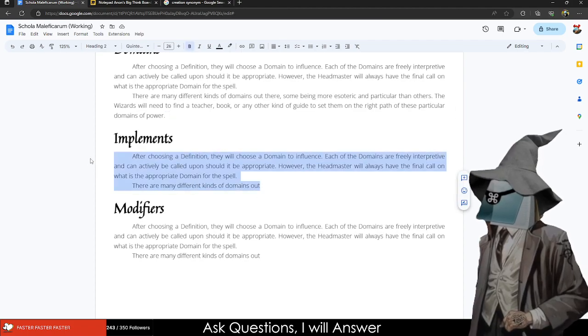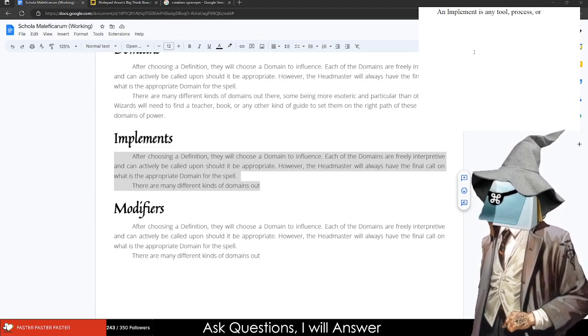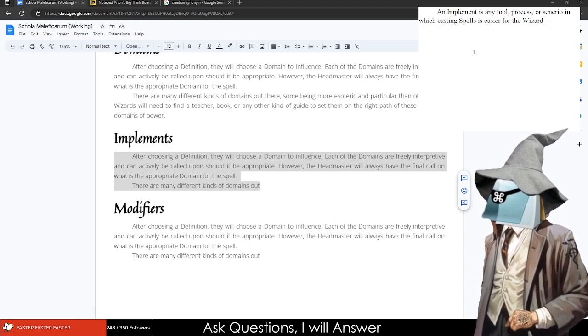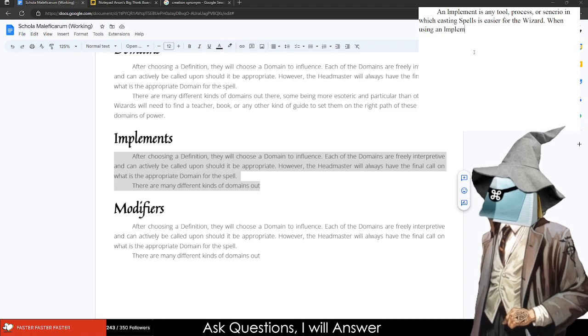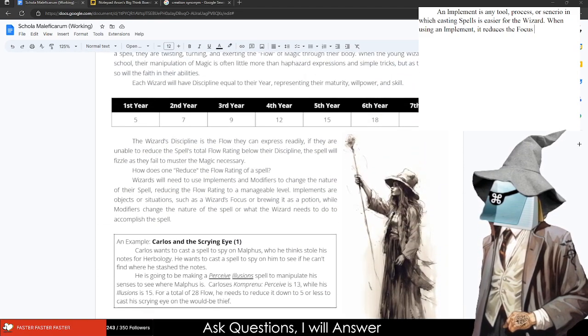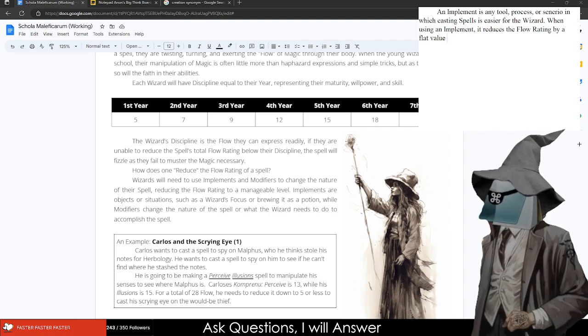Implements. An implement is any tool, process, or scenario in which casting spells is easier for the wizard.